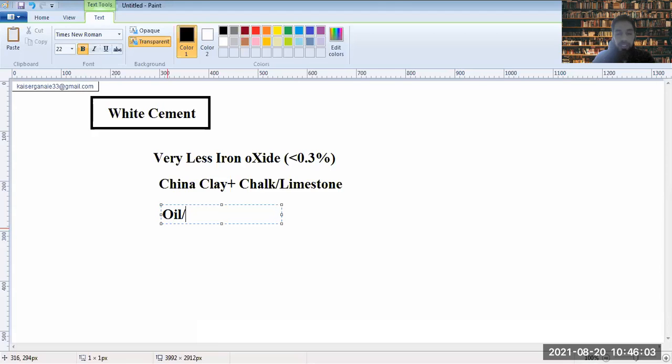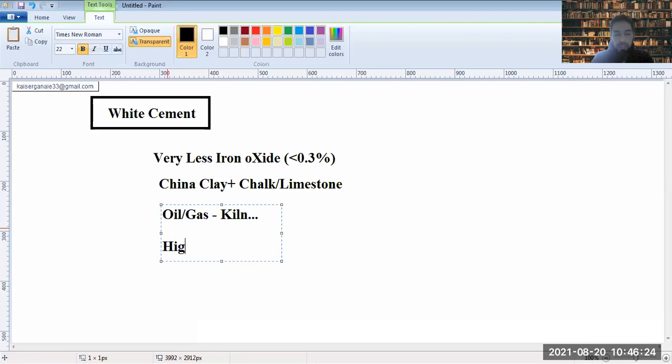And the combustion is done through oil and gas in the kiln. But because of the absence of the flux, iron oxide acts as a flux, and flux leads to decrease in the required temperature in the kiln. Here, because of less iron oxide, we require more temperature.